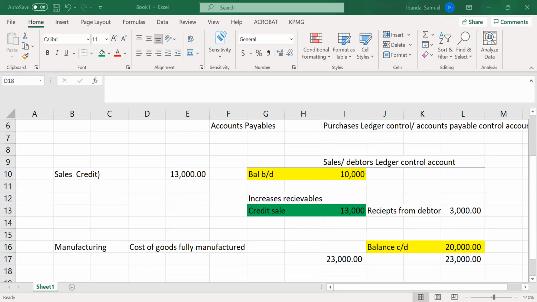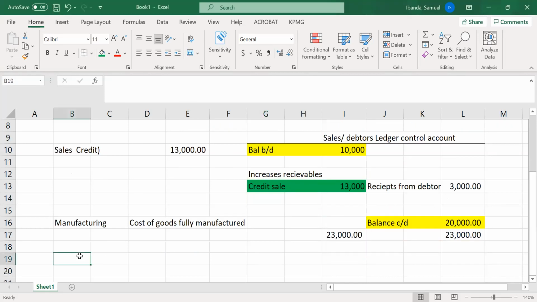Now, as asked by Jacob, one of the things I said when we are looking at manufacturing accounts is that when you draw up your manufacturing account, what you get is called the cost of goods fully manufactured.